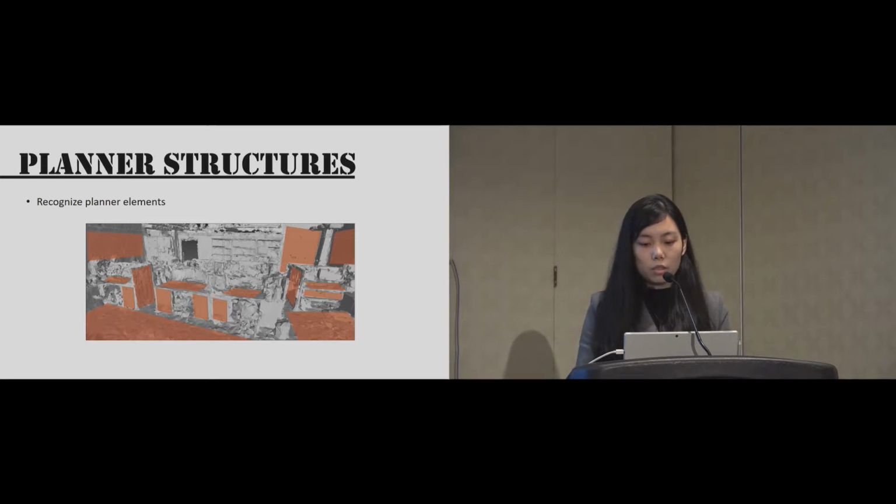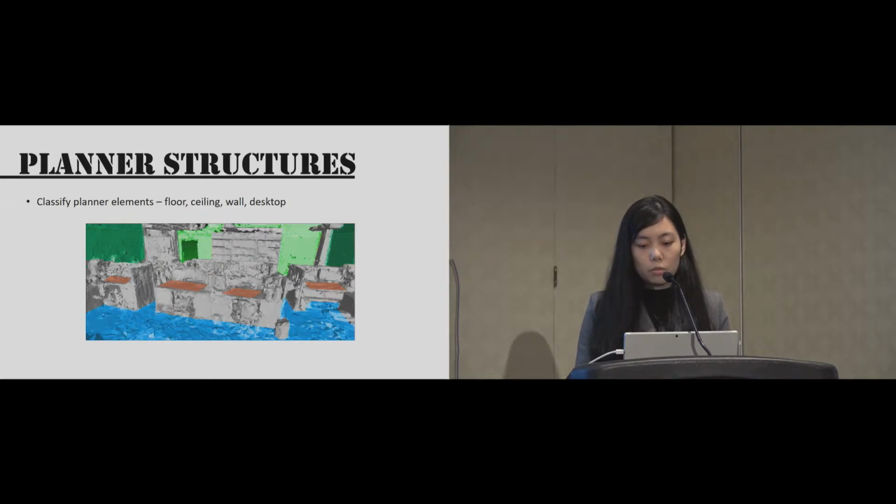We just do the planar extraction, and we could do the segmentation based on them. First, we classify the planars into floor, ceiling, wall, or desktop based on their location and orientation.